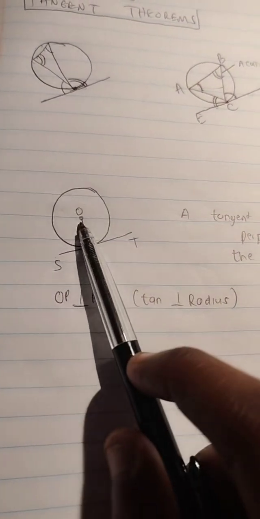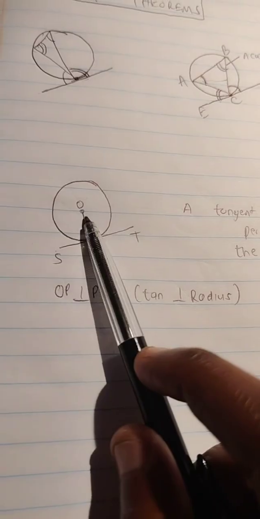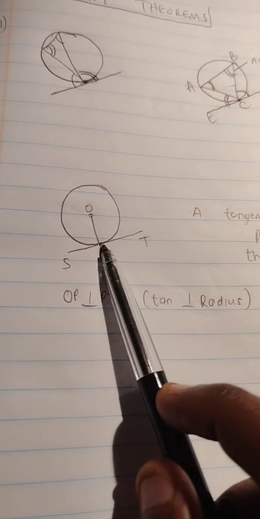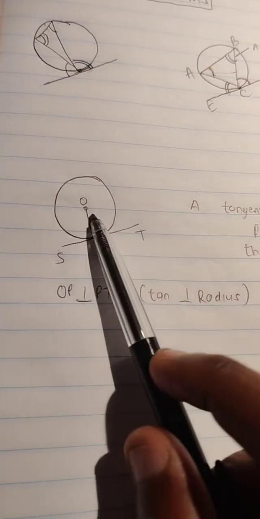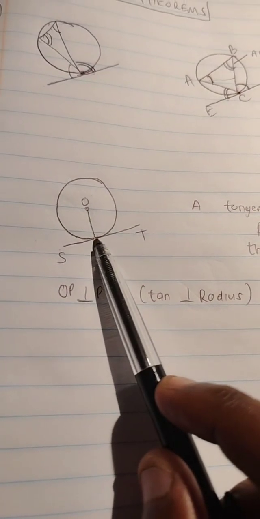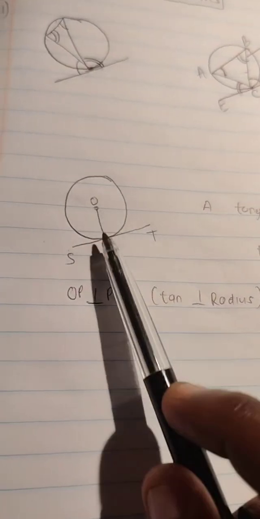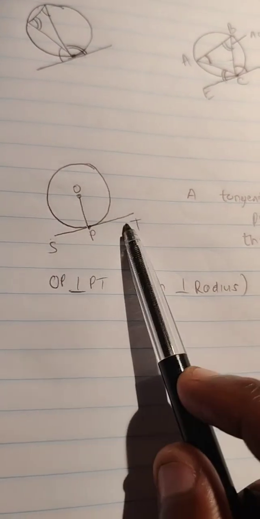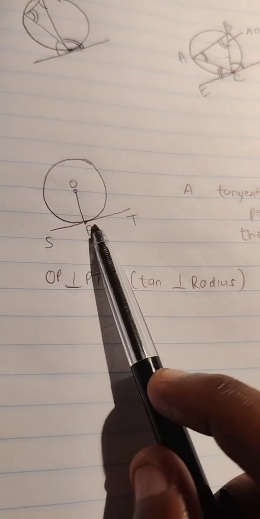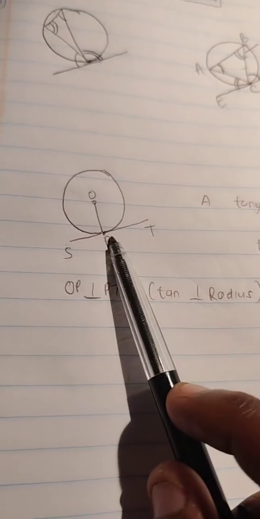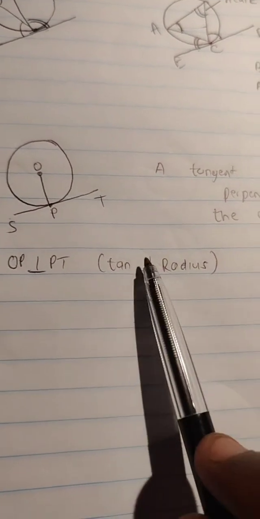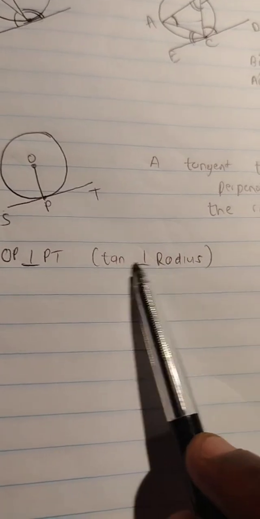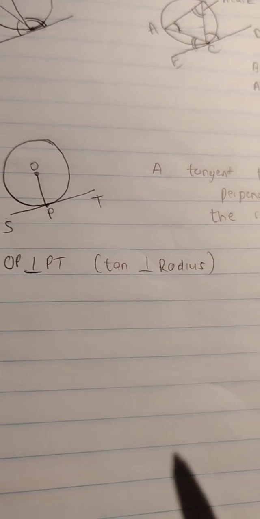Here we are saying if there's a radius, in other words a line from the center to the circumference, and then there is a tangent that meets that radius at the point of contact, then we can conclude that OP is perpendicular to PT, or OP is perpendicular to SP. Our reason is tangent perpendicular to radius. This symbol, the upside down T, means perpendicular.